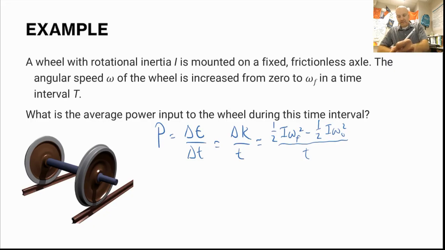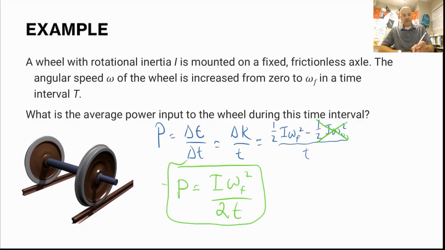Now, the good thing is omega initial is 0. And so now our power is just going to break down to be I omega final squared over 2t. But you have to remember from an algebra-based course that power is changing energy with respect to time.